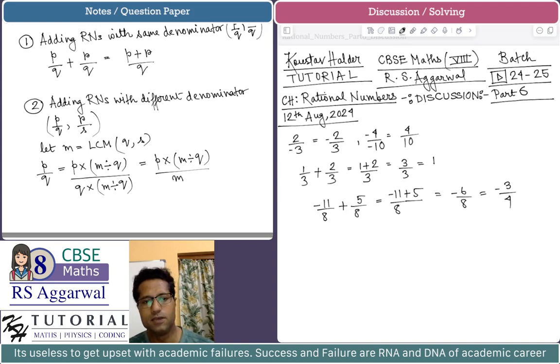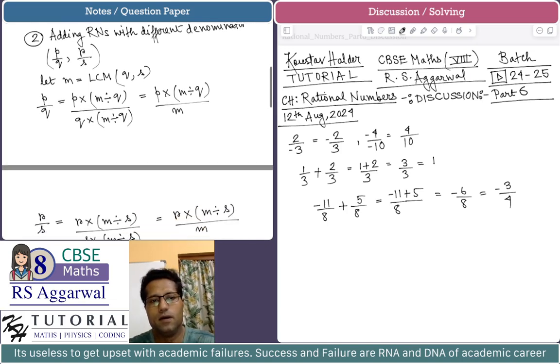M is the LCM of Q and S, which are the denominators of the given rational numbers. So it becomes P multiplied by M divided by Q, and the denominator becomes Q multiplied by M divided by Q, which is essentially M. So P by Q in its equivalent form becomes P multiplied by M divided by Q, over M.